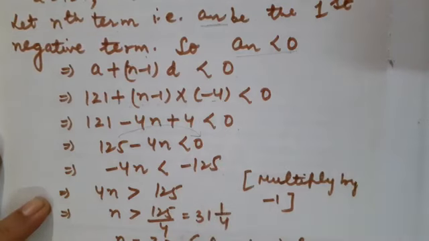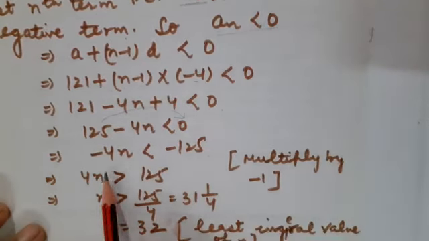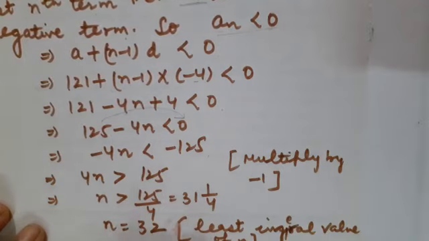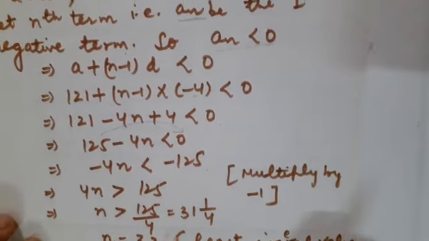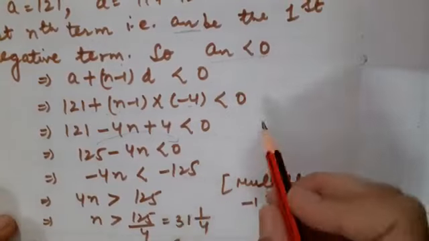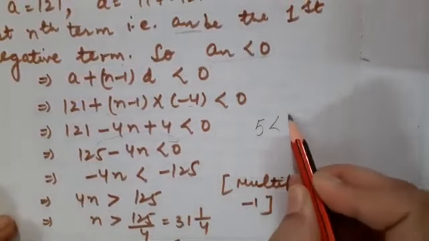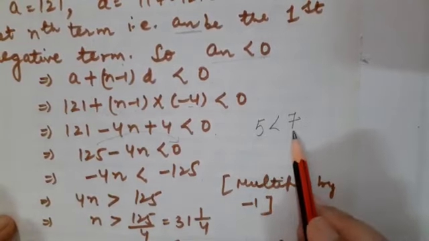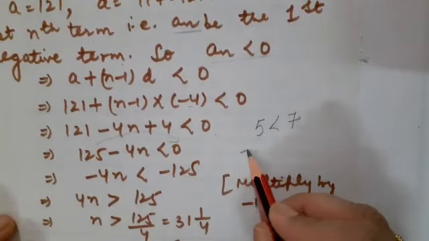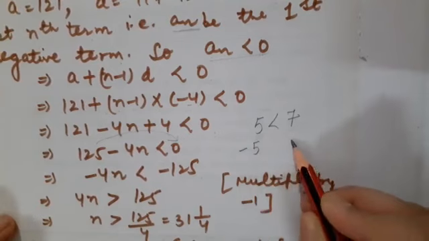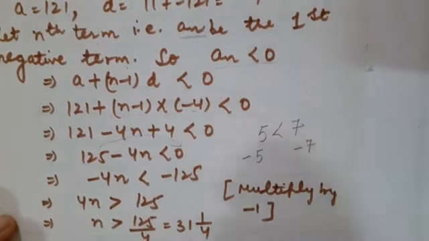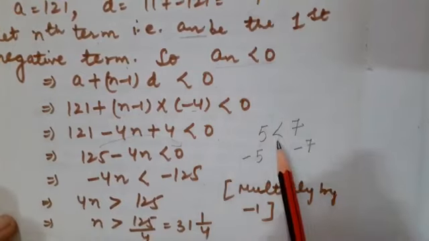Correct, students? Now children, here I am going to explain one very simple and minute concept, though it is very important. See, please understand, as I know that 5 is less than 7. But suppose I multiply this complete expression by minus 1, I will get minus 5 and here minus 7. Then should I write the same sign which is written above, that is less than?